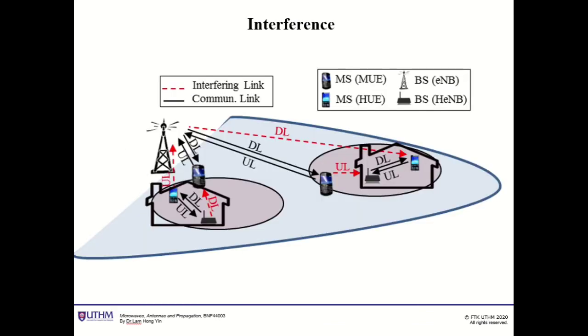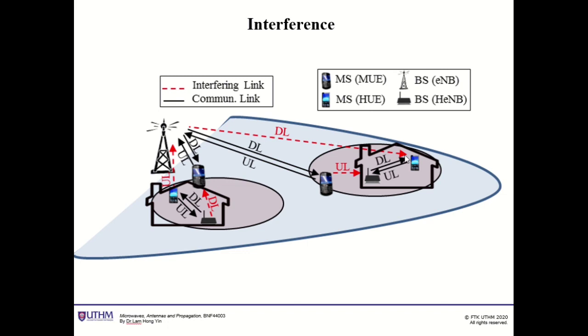Another fundamental thing that you need to know for wireless communication is interference. There are multiple types of interference, such as interference and multipath fading. From this picture, we have multiple devices using the same frequency or spectrum for communication.